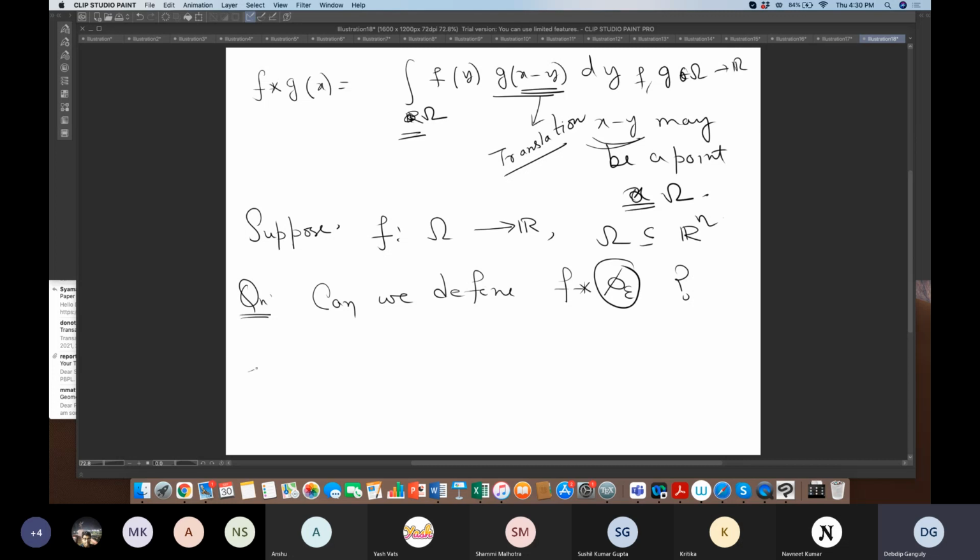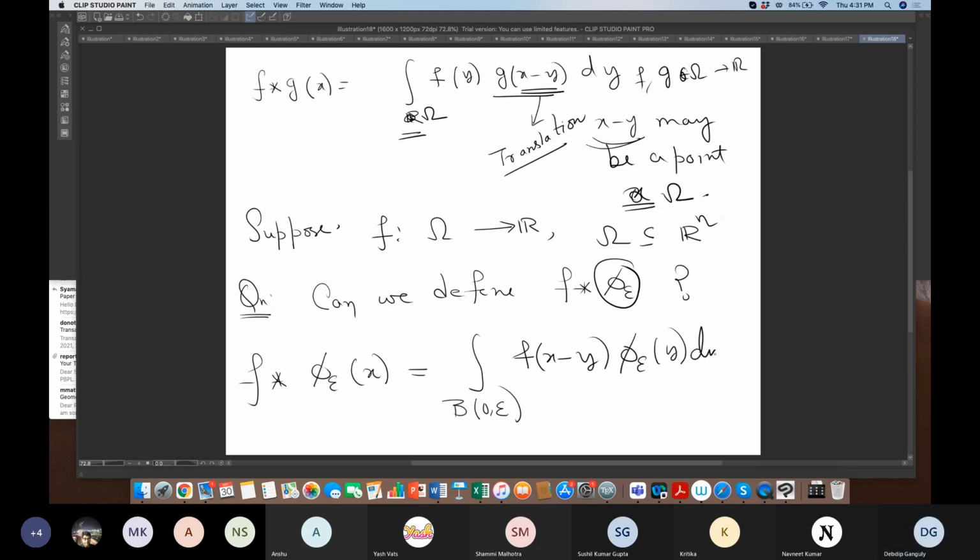So f convolution phi epsilon x is nothing but the integral over B_0 epsilon of f of x minus y phi epsilon y dy. You need this x minus y. So how will we guarantee that x minus y belongs to B_0 epsilon?